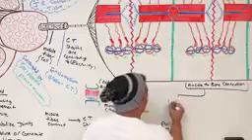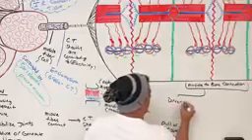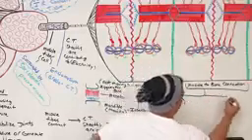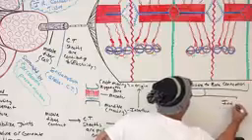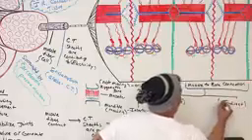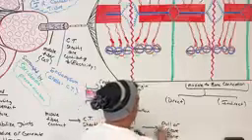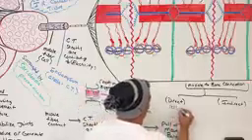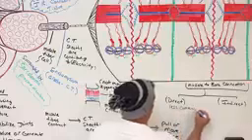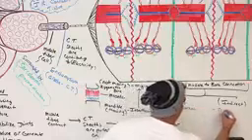One way is a direct attachment. The second way is indirect. Out of these, the direct is less common, and the indirect is much, much more common.